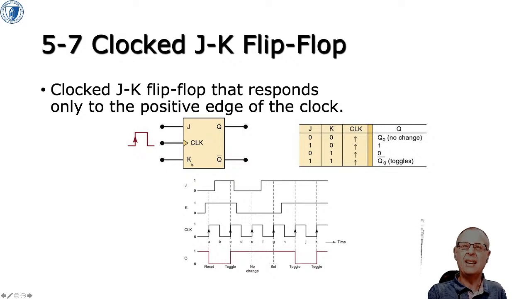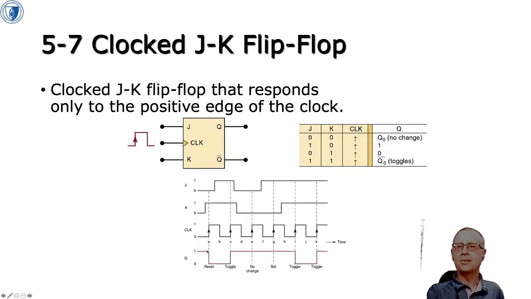And again, this one has all non-inverting inputs. And here's a timing diagram showing the clock and indicating that the positive going transitions are when we're interested. And here's the output Q, and here's the different values of J and K, right?